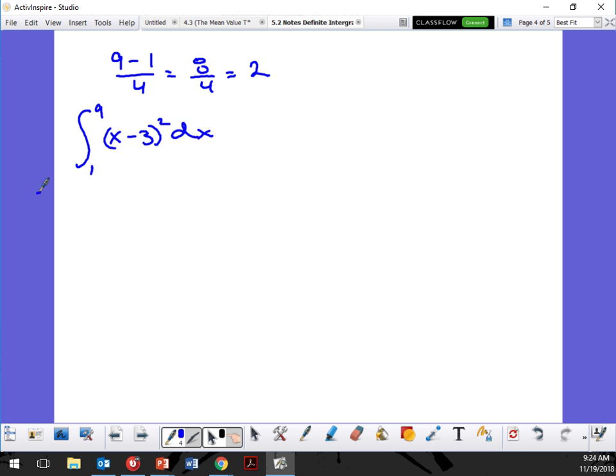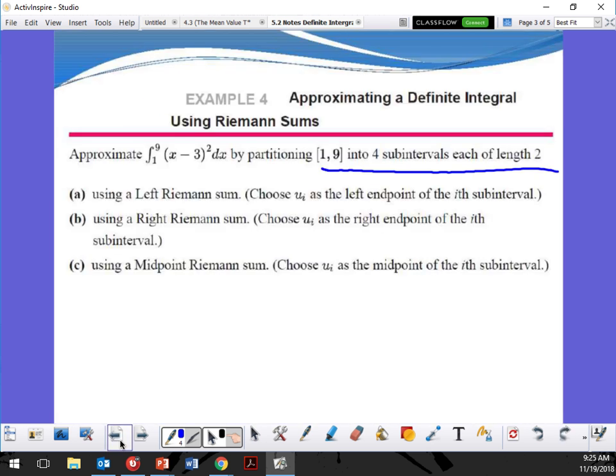So my delta x, or dx in this case, is going to be 2. So I'm trying to find the width. So I got the width now. So now I need to find the height of each partition of this. So my first one said we are going to do left, right, and midpoint.